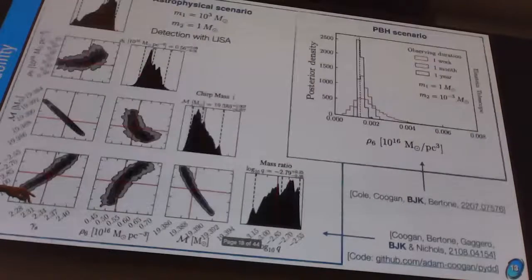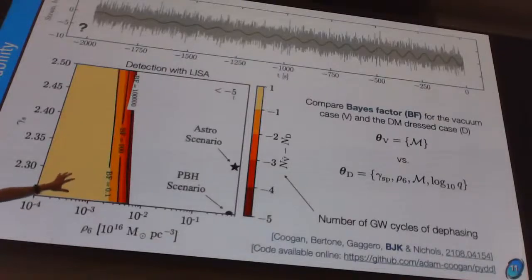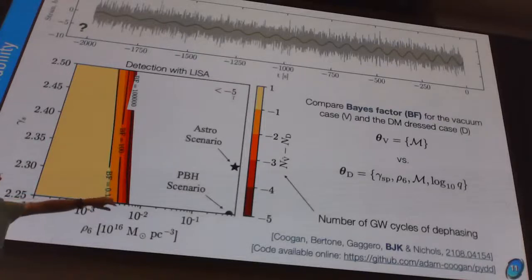So this coloring here is the difference in the number of gravitational wave cycles during the inspiral between your dephased system and the best fit vacuum system, where you've tweaked the masses as much as you can. It turns out that you just need a few cycles of dephasing over millions, and you can still detect this effect.